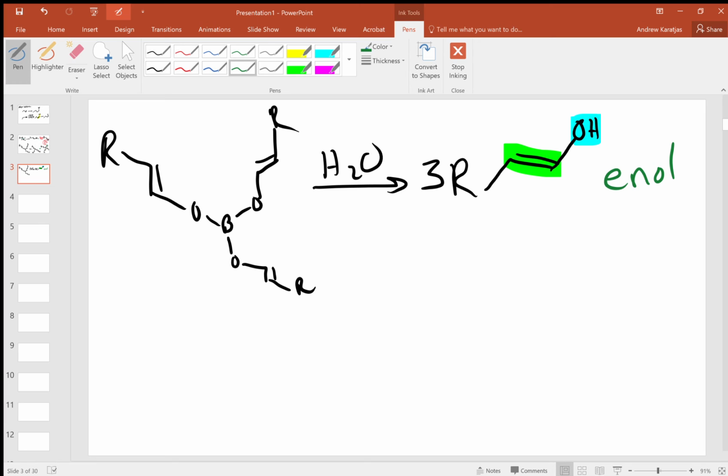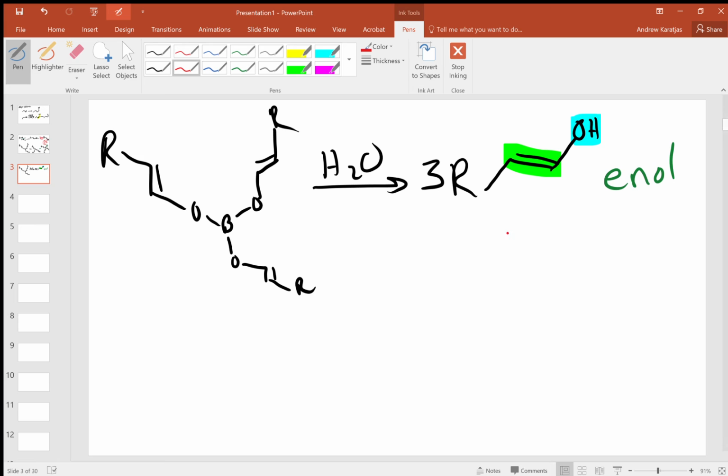And under the right conditions, and the right conditions are usually the presence of acid or the presence of base, the enols are in equilibrium with their carbonyl. And for most enol-carbonyl pairs, the carbonyl is a more stable compound.